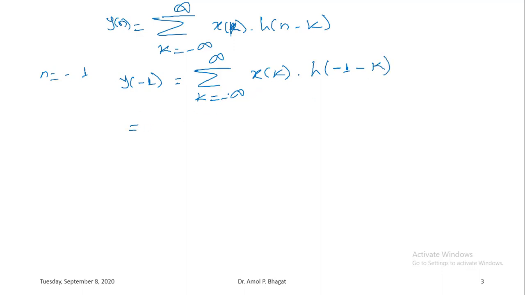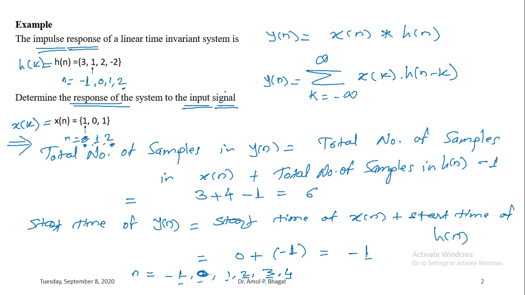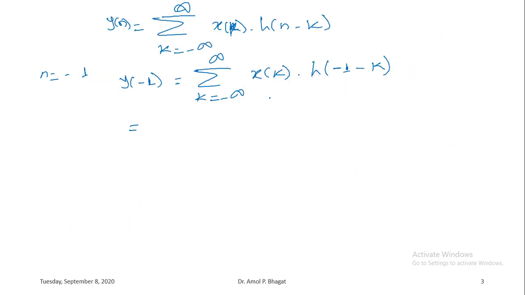Now in this formula you can substitute various values of k. In x of k, k is varying from 0 to 2, so it will exist only for 0 to 2. Similarly, h of k exists for minus 1 to 2. If I substitute k equals 0, it will be x of 0 multiplied by h of minus 1 minus 0, so h of minus 1.